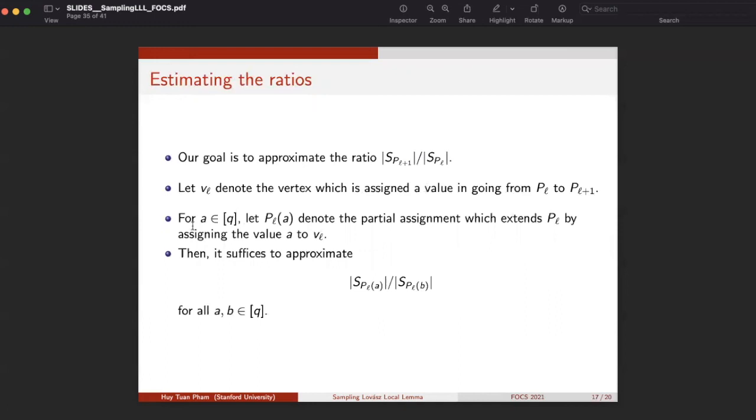And for each character A, let's call PL(A) the partial assignment that extends PL by assigning VL the value A. It is easy to see that in order to estimate this ratio, it is sufficient to approximate all of these ratios S_PL(A) over S_PL(B), where A and B range over the alphabet. Essentially, what we are doing here is to try to approximate the marginal of the vertex VL in the distribution of satisfying assignments conditional on the partial assignment PL.